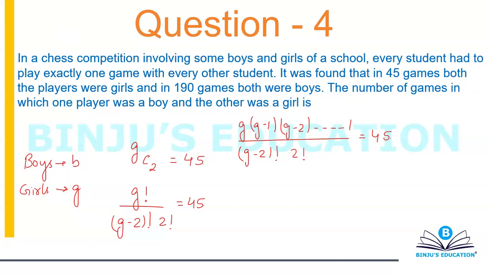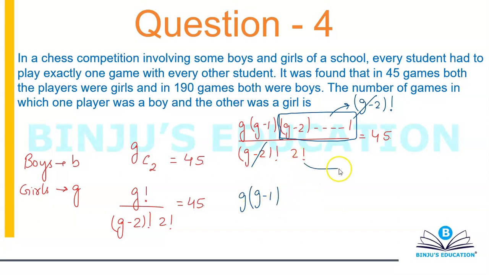If you observe carefully, from G minus 2 down to 1, this is nothing but (G minus 2) factorial. So you can cancel this, and it becomes G into (G minus 1).